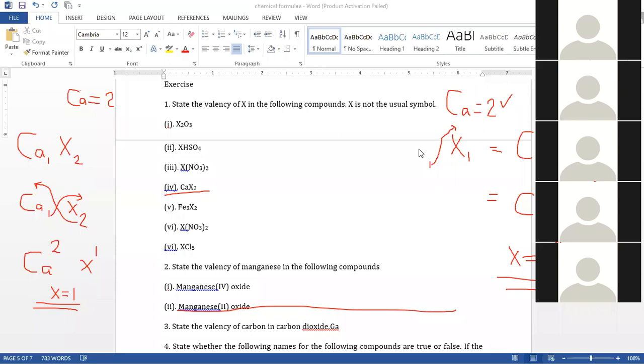Excuse me, teacher. After giving us this number, I get confused with sodium peroxide. It has Na2 and O2. So how come we don't divide the numbers to just put Na and O?